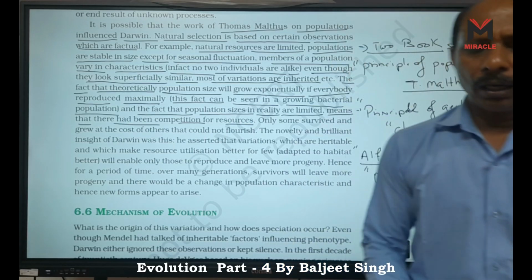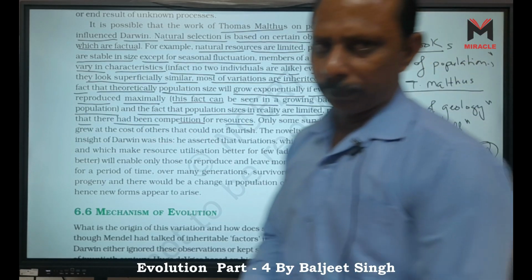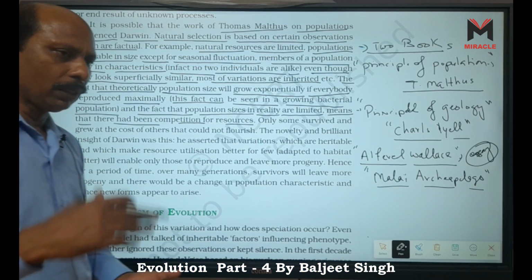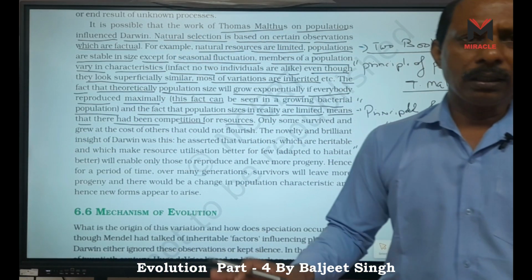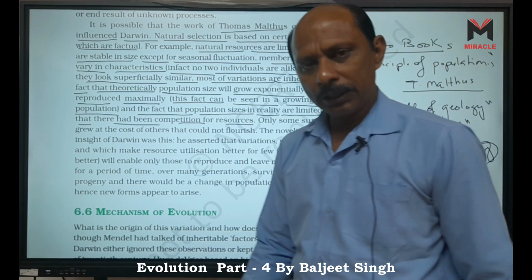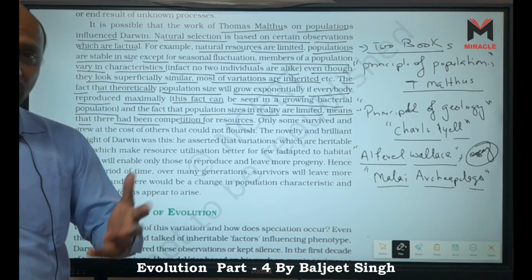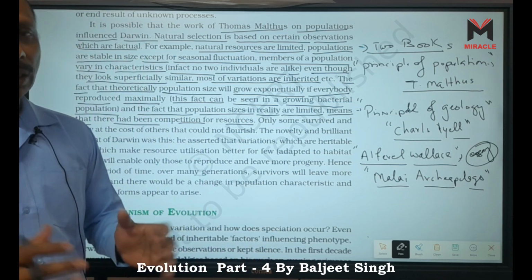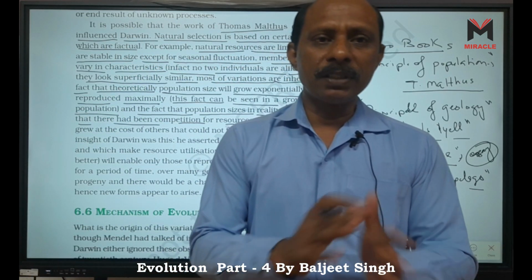How many types of competition are there? According to Darwin, we have three types. First is environmental competition. Organisms that can adapt to the environment survive; if not, they are eliminated. Second is inter-specific struggle, which means struggle between two species.